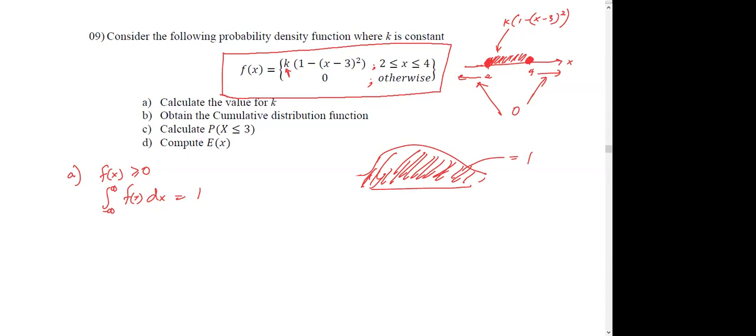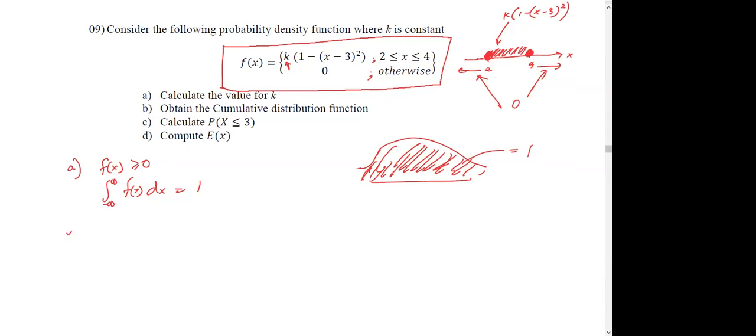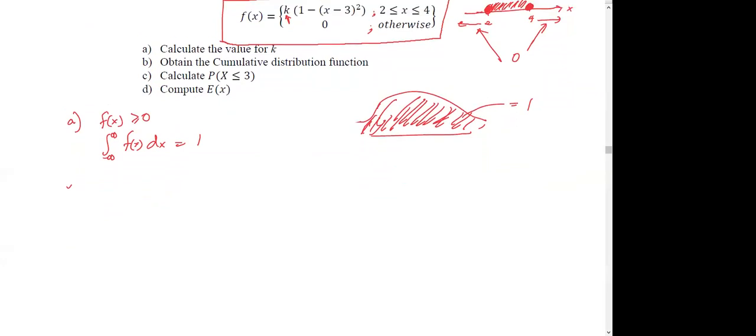So part A asks to calculate the value of k. You can find k using this second property. You know the limits: this goes from 2 to 4, right? In your case, it is not negative infinity to positive infinity, it is starting from 2 and going to 4.